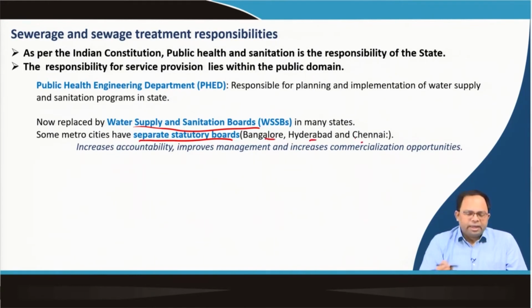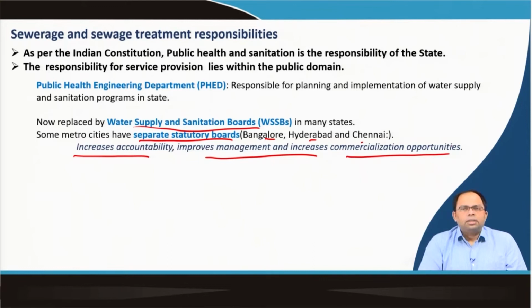What it encourages is, because they have their own statutory boards, they can create special purpose vehicles, and they can create it in such a way that it is independent to a certain extent, and being independent increases accountability, improves management and increases commercialization opportunities. As we have discussed earlier during water supply or during PPP projects, some amount of commercialization has happened even for government entities through creation of these special purpose vehicles and so on.